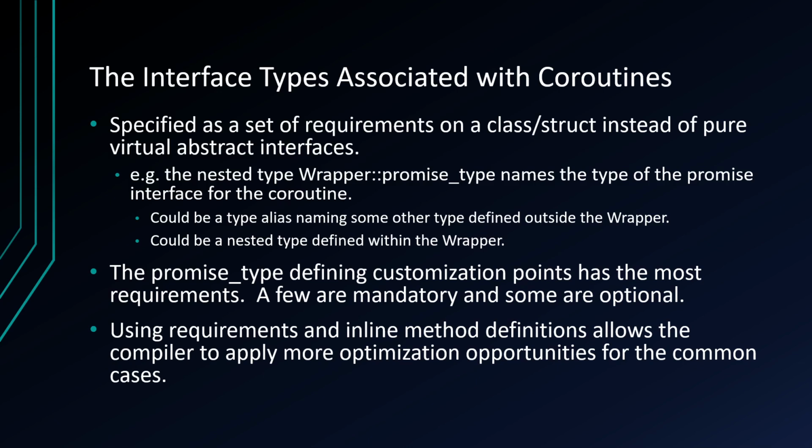So you can think of it as a set of requirements on these classes, and they're abstract in that sense: they have certain specified semantics, and you have to implement them. But they're not pure virtual abstract interfaces. So there's no indirect function calls, and because everything is typically inline, the compiler has the opportunity to squish away implementations to give you the most efficient implementation of the coroutine that follows the policies that you've chosen by the customization points through your promise type and your awaitable.